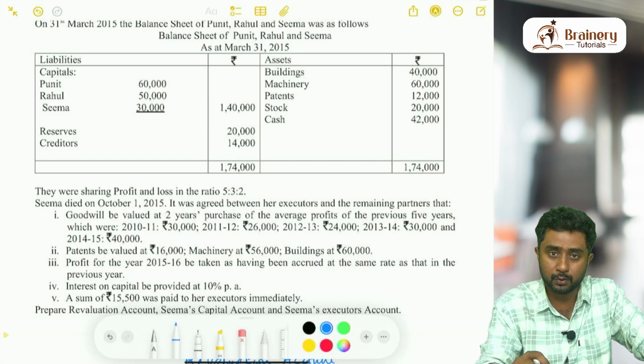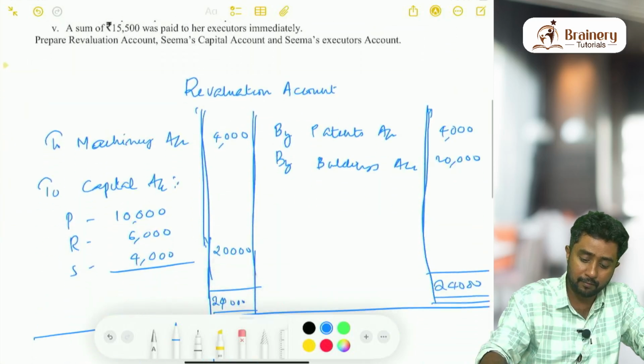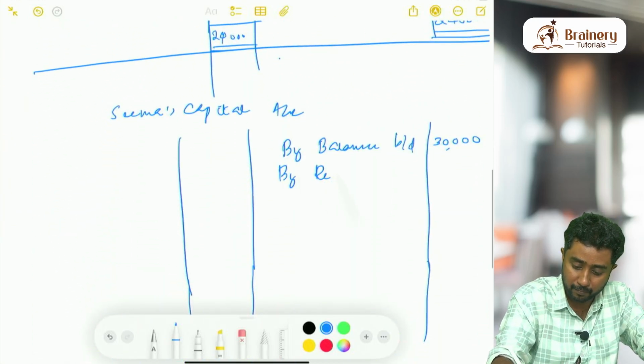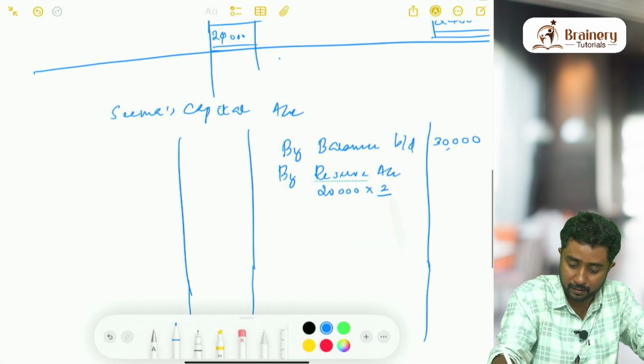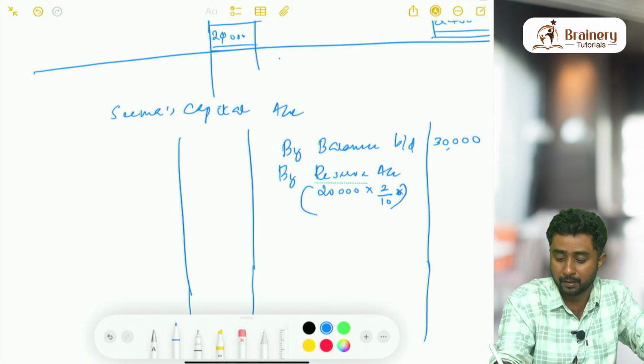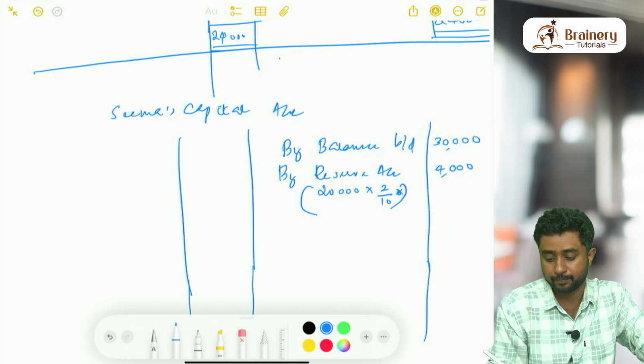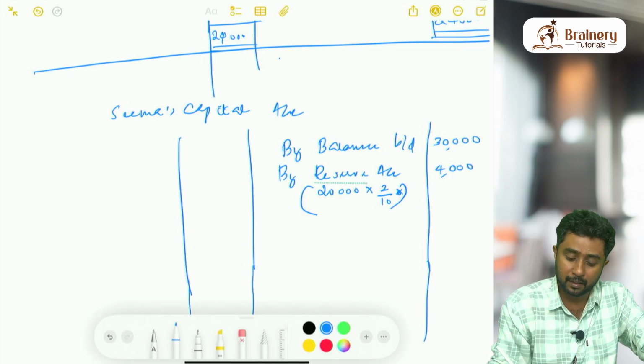We split it according to Seema's share and record it on the credit side of Seema's capital account as by reserve account. The reserve amount was 20,000, and Seema's share was 2 by 10, so obviously 4,000 will come. We record this 4,000 here.